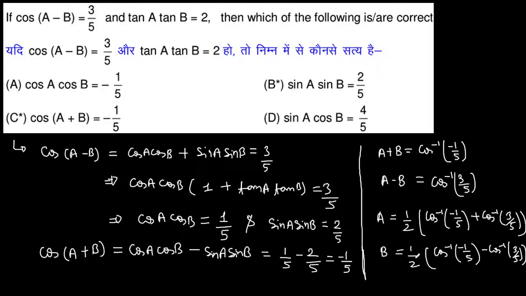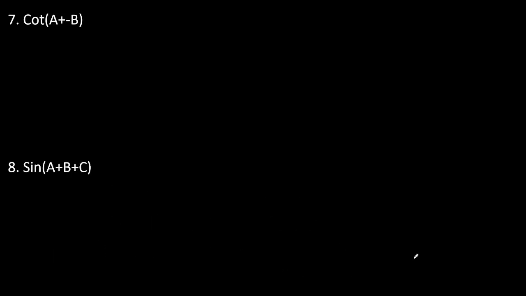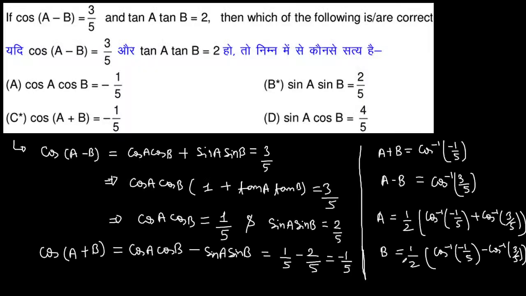Okay, and we have to do simply, do we have space? We should have a space here. Okay, we do sin(A plus B). If we add both of them, this is going to get cancelled, and it is nothing but sine of cos inverse of minus 1 by 5.